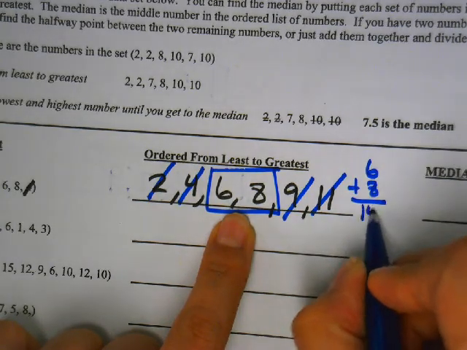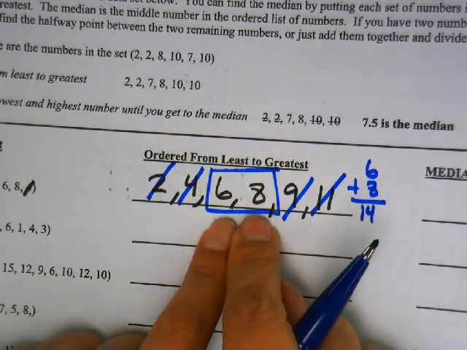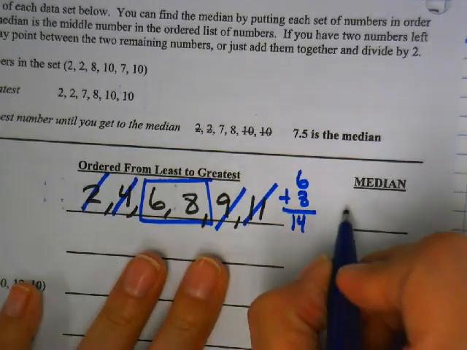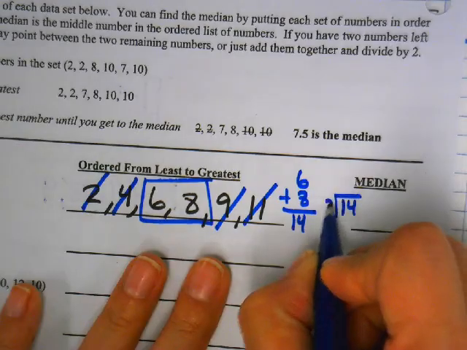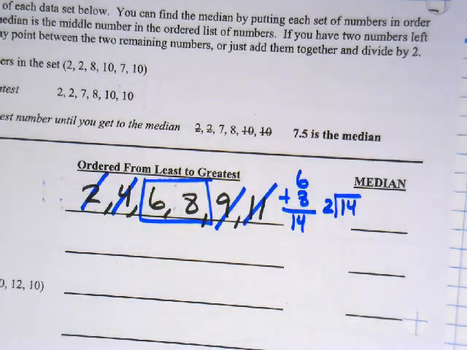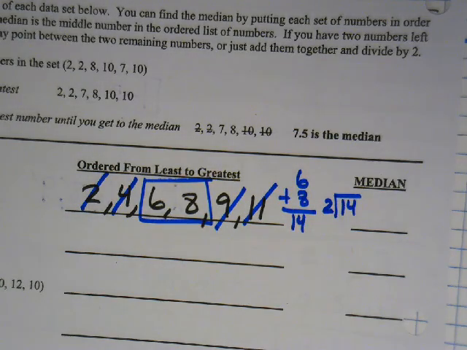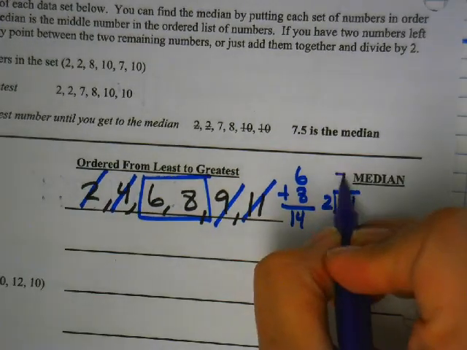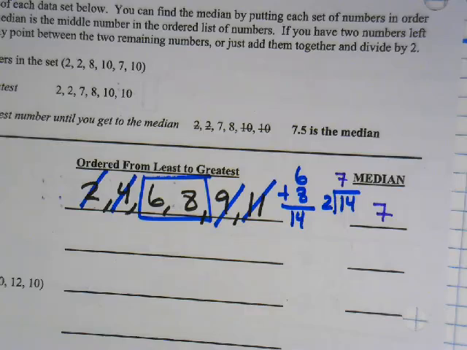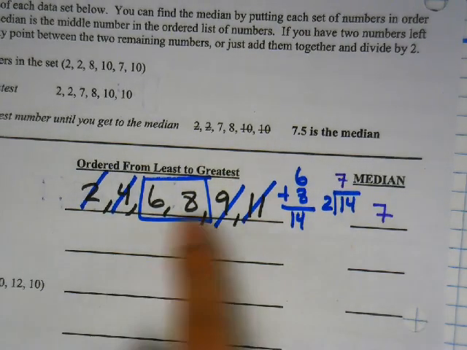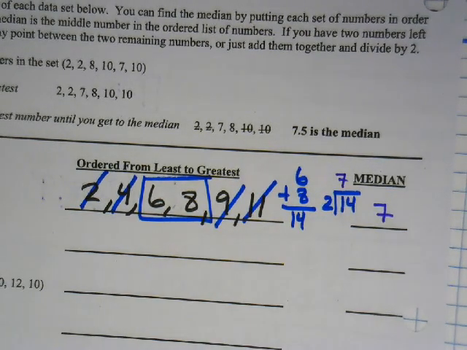Now, is 14 in the middle? No. Now we have to take 14 and divide it by 2. Or you can count 6, 7, 8. I said if you can figure it out with thinking, then do that. If not, you do this. That's why I'm teaching this to everybody.